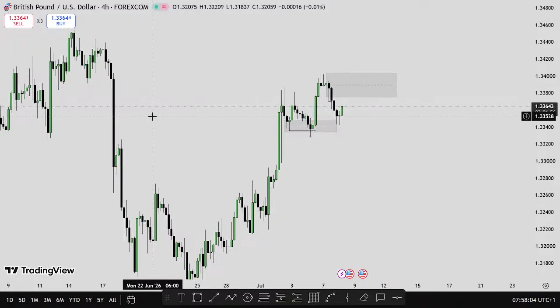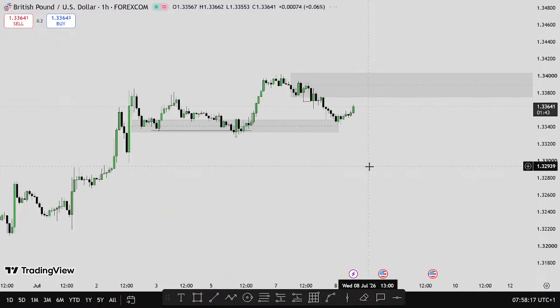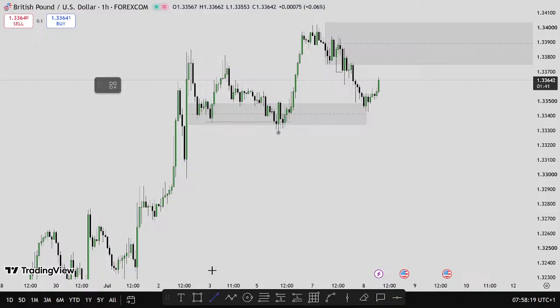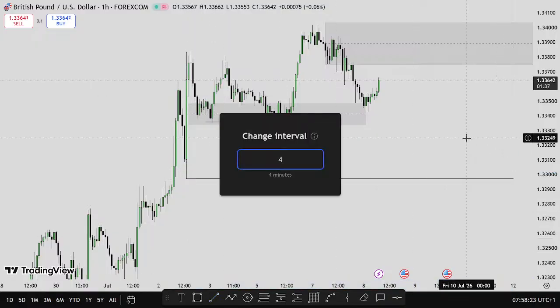Alright, so for GBP, like I said, I'll be waiting for a displacement around this level. If there's a displacement and a confirmation, then I'm going to be selling, and I'll be selling up until this low here.